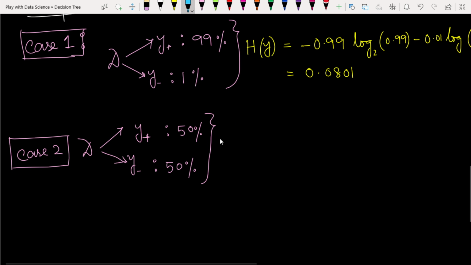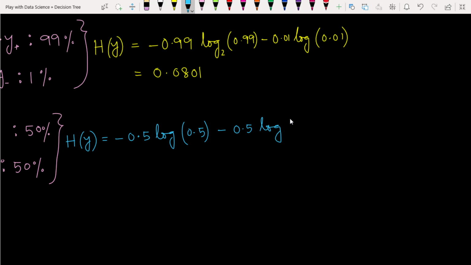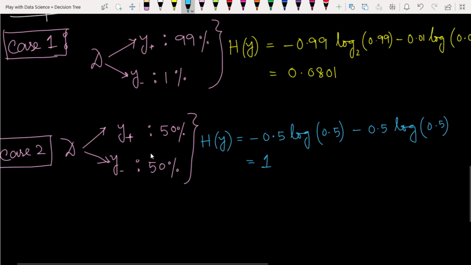What will be the entropy value here? Here the entropy value will be minus 0.5 log of 0.5, similarly minus 0.5 log of 0.5. If you just calculate it with a calculator, you can easily get this value as well.